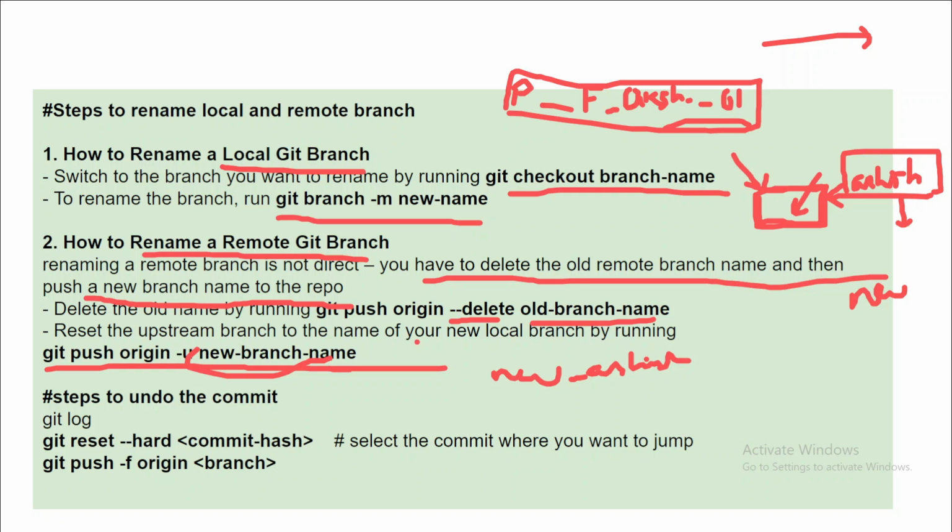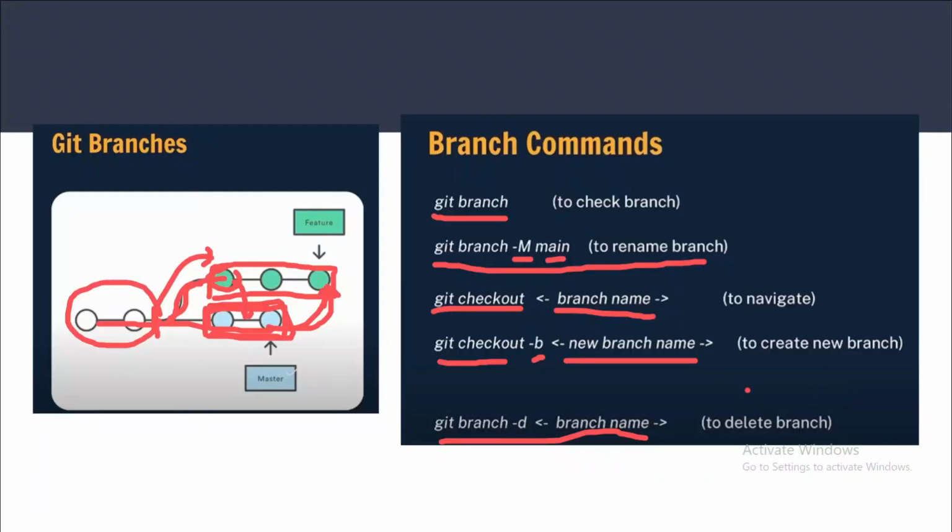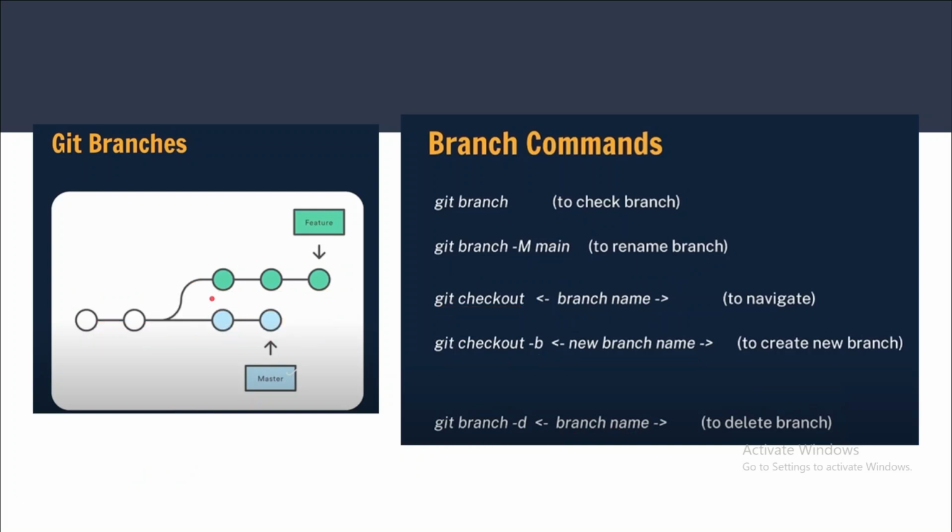There is one more thing. For example, we can use git log to see how many commits we have added for a particular branch. Commit means how many versions of the changes we have. Let's say Akshata was handling this particular branch, so this is version 1, version 2, and version 3.